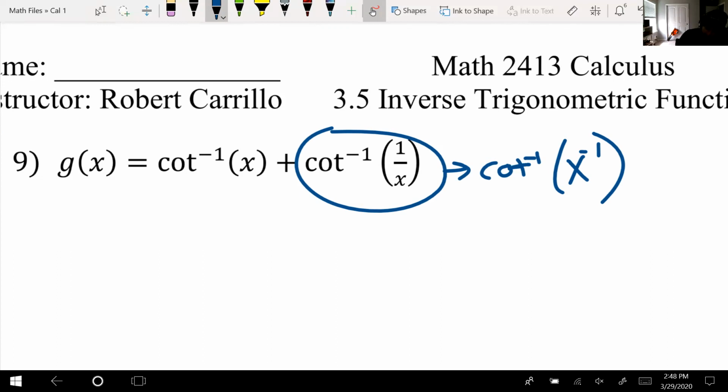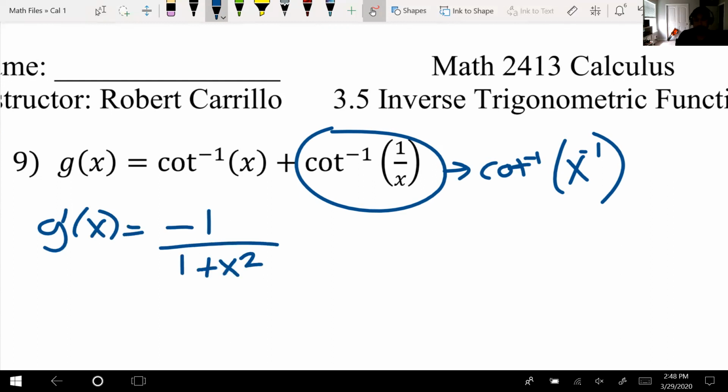Okay, so we're ready. We say g prime of x equals negative 1 over 1 plus x squared. Plus, now this one's going to use chain rule because it's the derivative of the inside function.